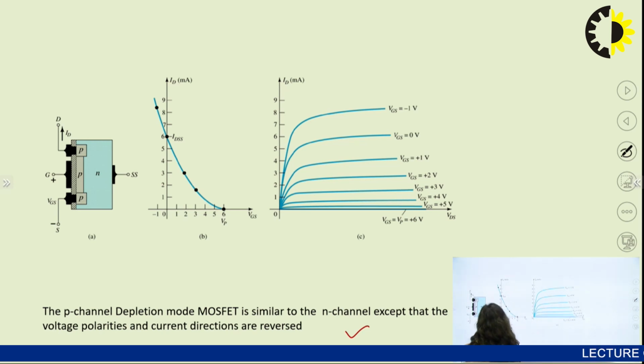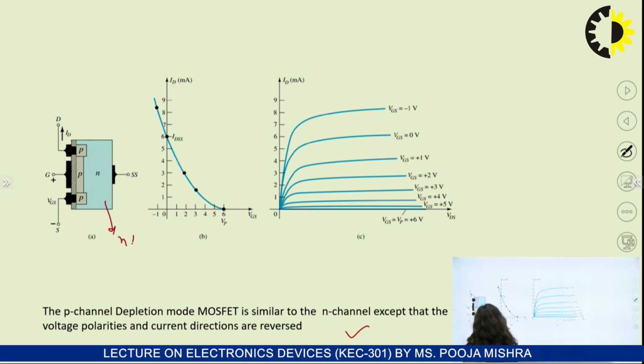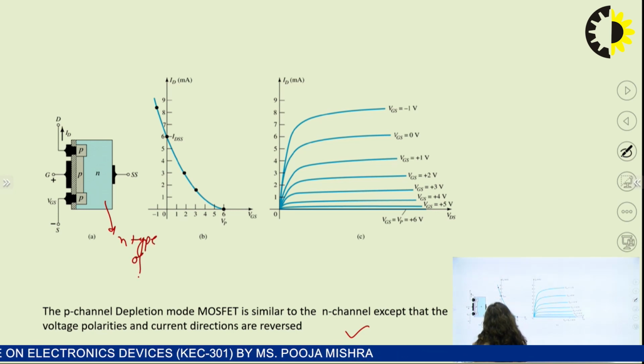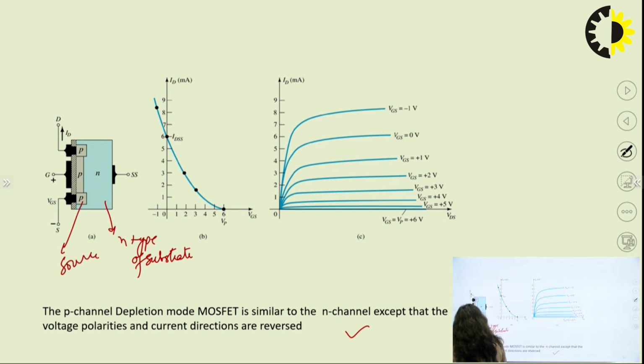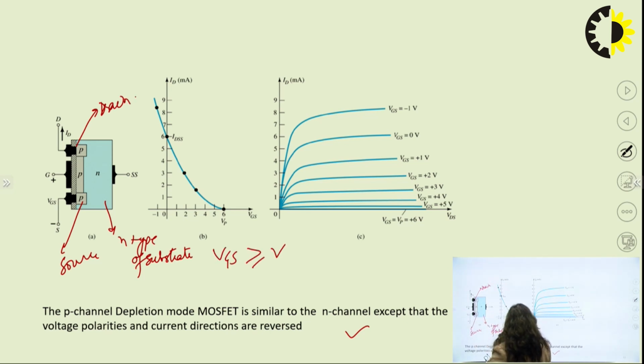So here we have a P type source and drain, and a P channel, obviously with an N type substrate. So this is the N type substrate, and the P type source and drain. The drain current will increase in the same way, that is VGS greater than or equal to VT.